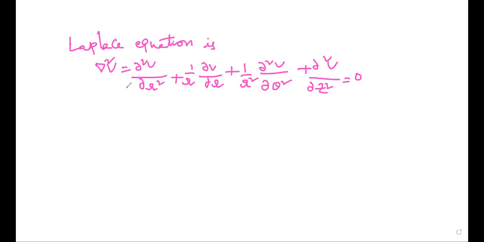But the potential is a function of r only, then dou square V by dou r square plus 1 by r into dou V by dou r is equal to 0.